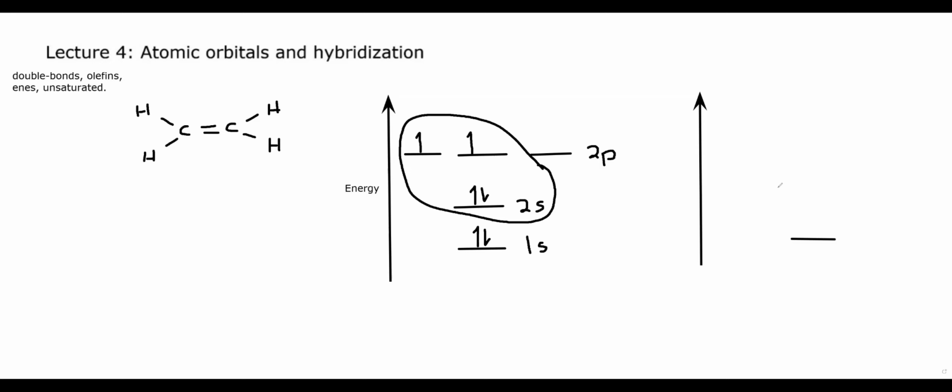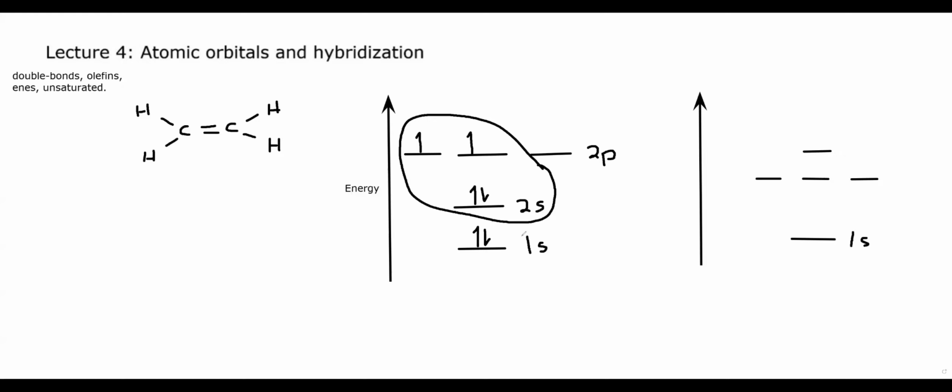But let's just go ahead and draw a new diagram here where we hybridize these three orbitals. They'll go a little bit lower in energy than the 2p because we're pulling an s into the mix here. So let me draw these in. We have our 1s orbital, which is exactly the same.